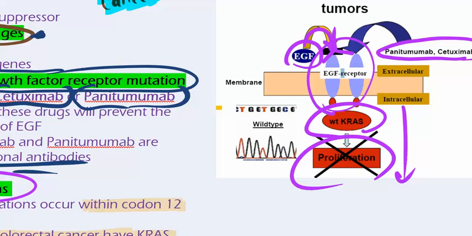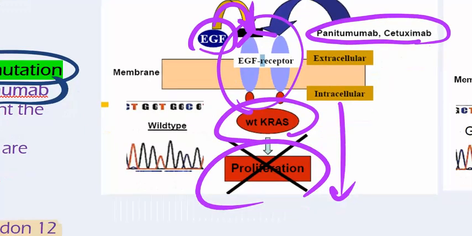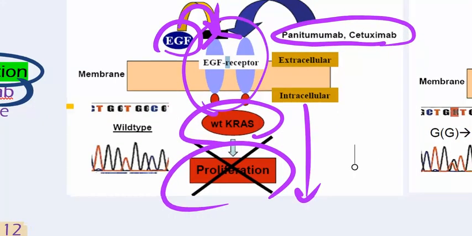It doesn't need any assistance. So essentially, if you use panitumumab or cetuximab to treat a KRAS mutation, it won't work, because panitumumab and cetuximab are acting on the epidermal growth factor receptor, not on the KRAS.